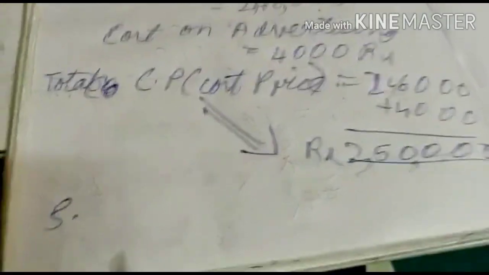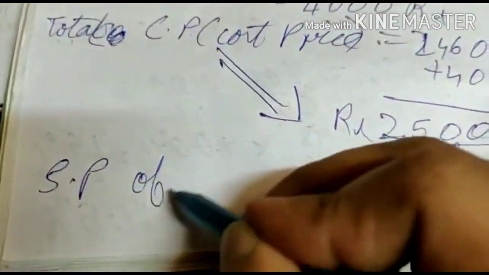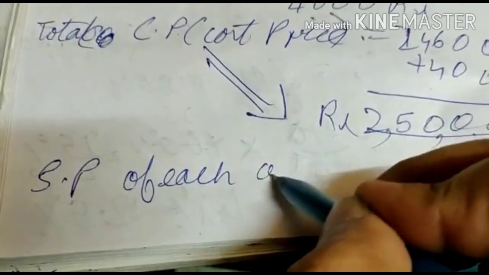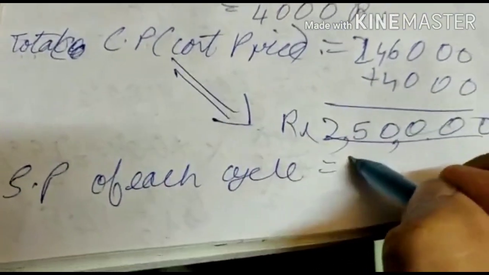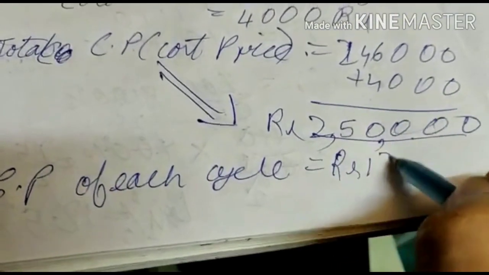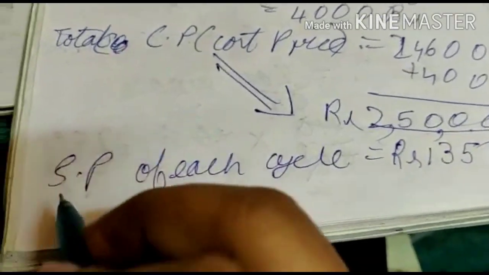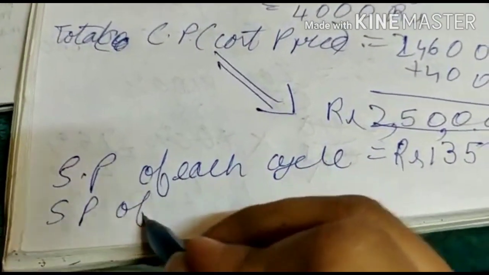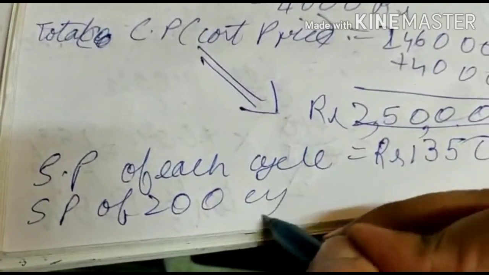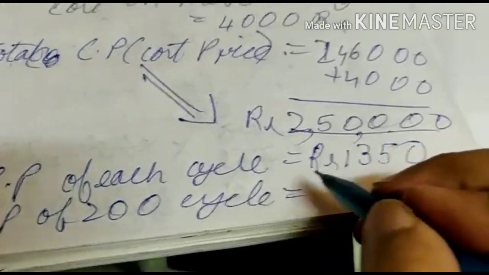Okay, so SP, he sells at 1,350 per cycle. So SP of each cycle is rupees 1,350. So SP of 200 cycles, he is selling 200 cycles now.